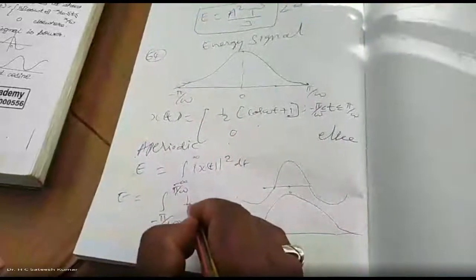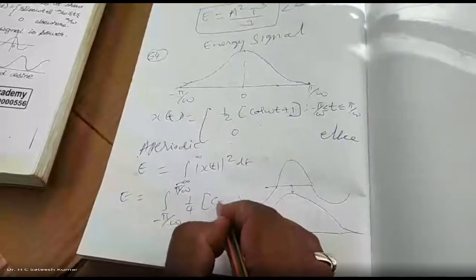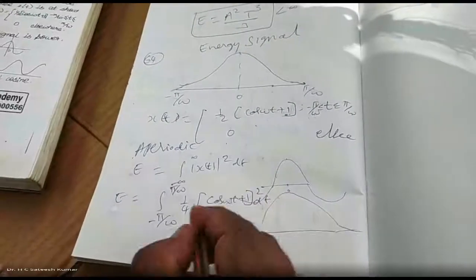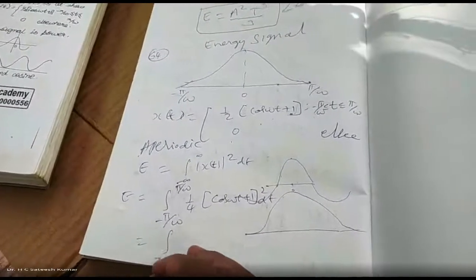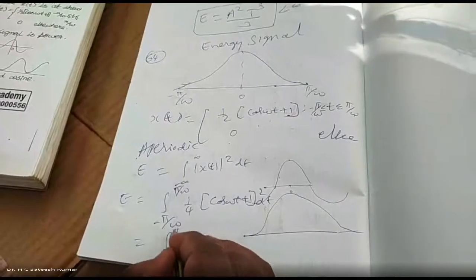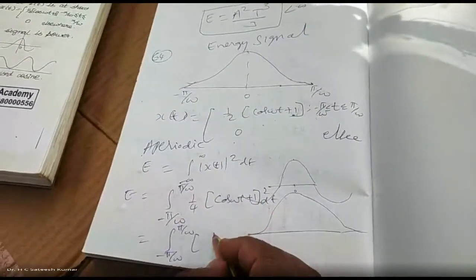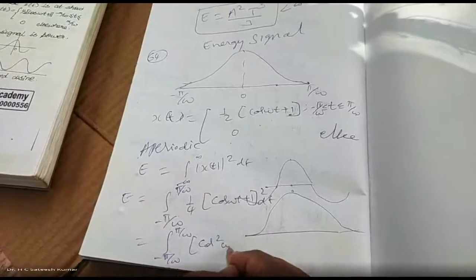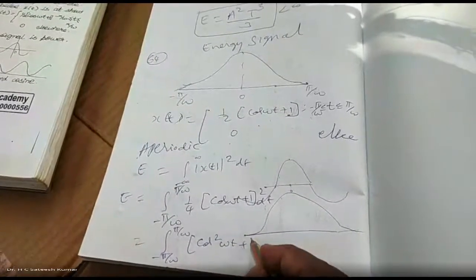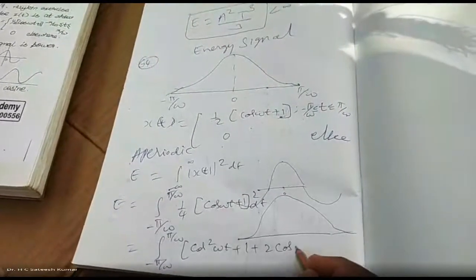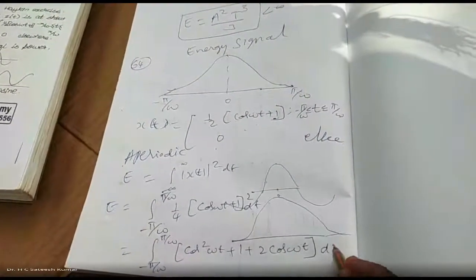Square it: 1 by 4 cos omega t plus 1 whole square dt, which is equal to integration from minus pi by omega to plus pi by omega of cos squared omega t plus 1 plus 2 cos omega t, a plus b whole square dt.